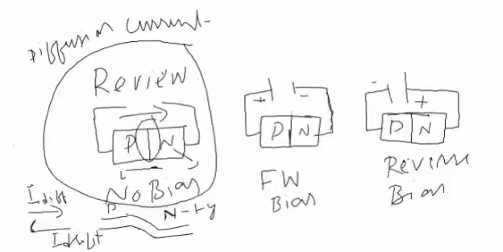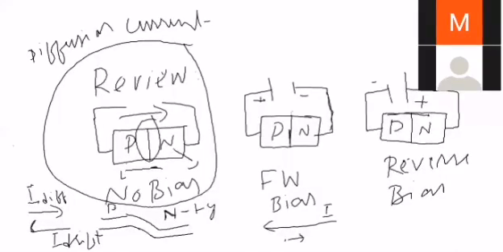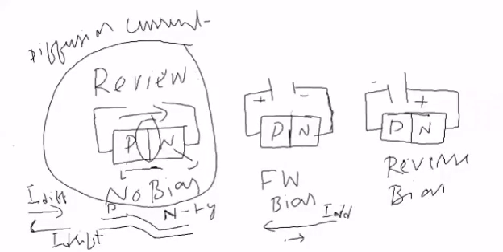But I diffusion increases. So diffusion current increases and I drift remains the same. This is I diffusion, and this is I drift due to minority carriers.